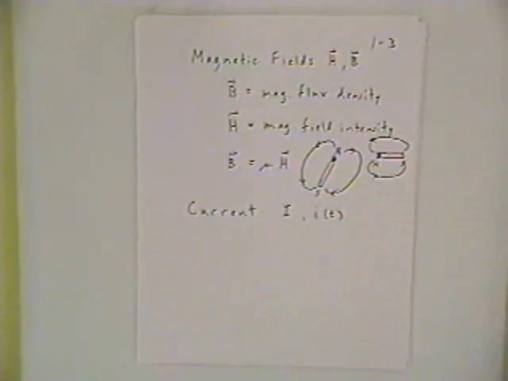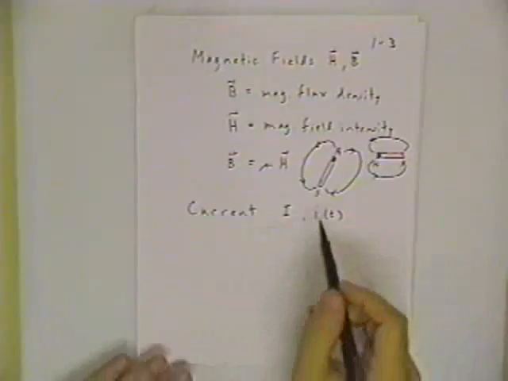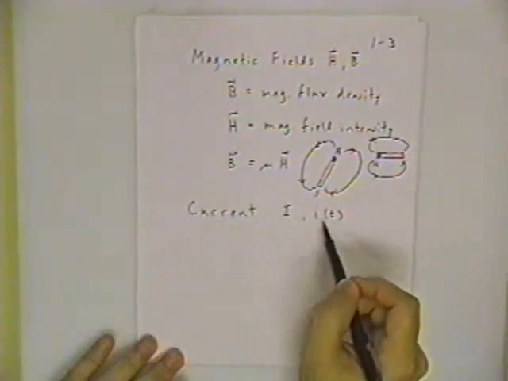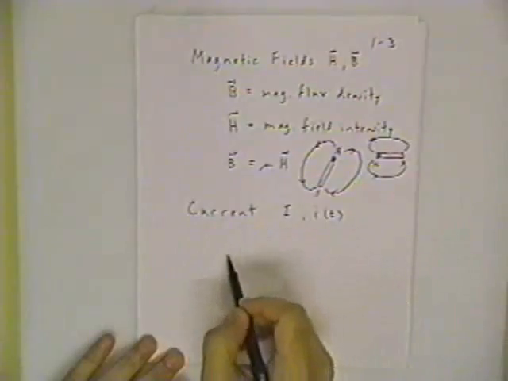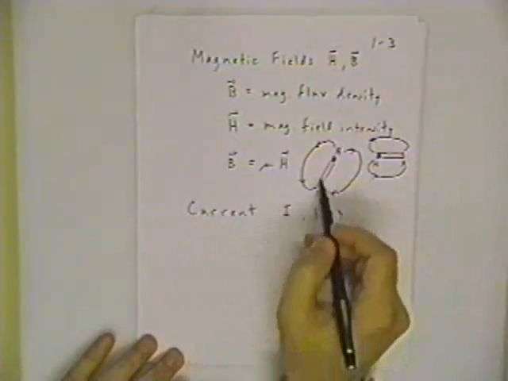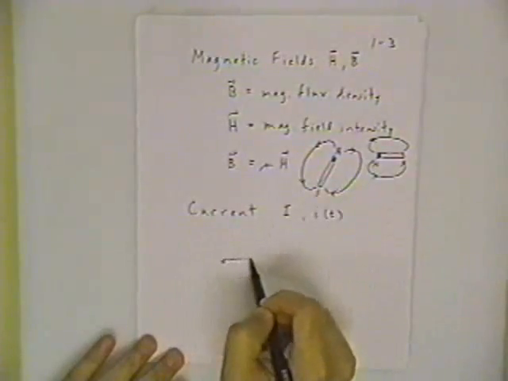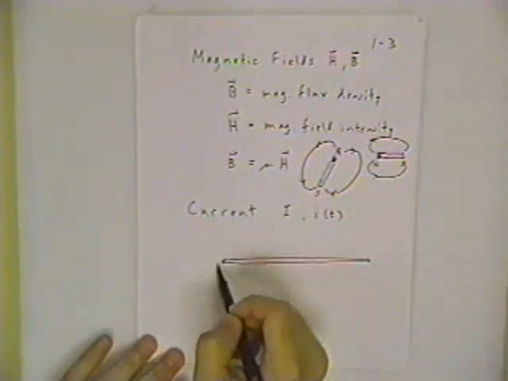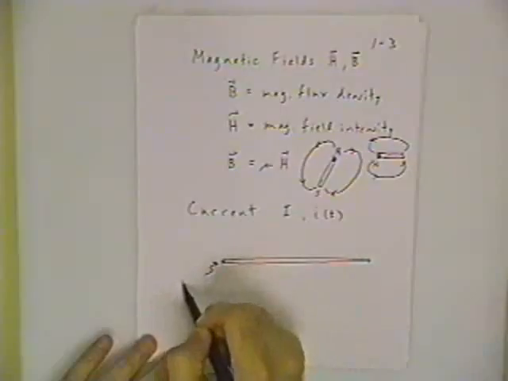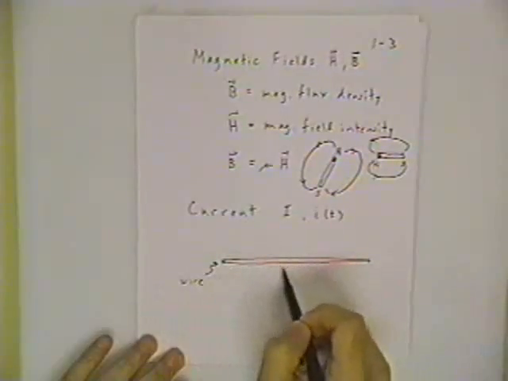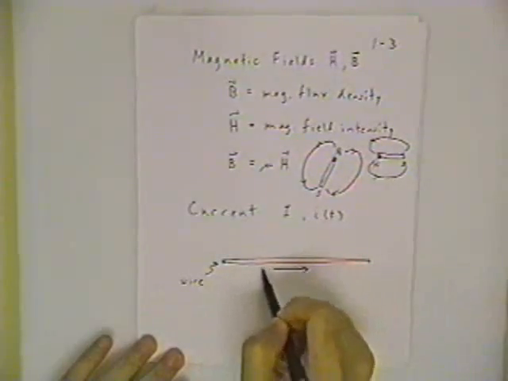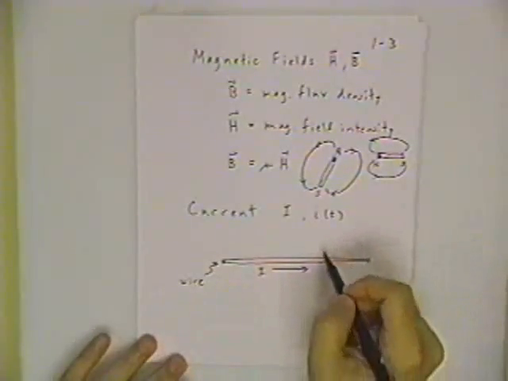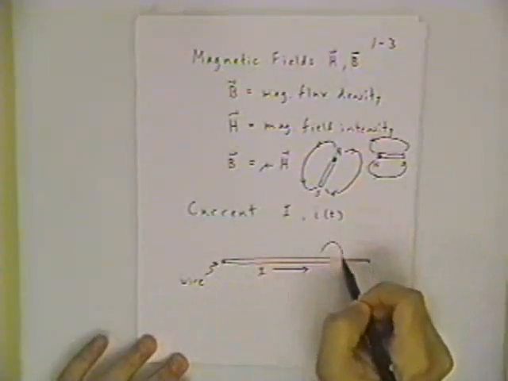What we want is some laboratory scale effect, and in circuit theory, the effect we're looking for due to these fields is the effect on currents. There's a relationship between magnetic field and current. It says if we have a conducting wire that has in it a current I, that wire is going to be surrounded by magnetic field lines.